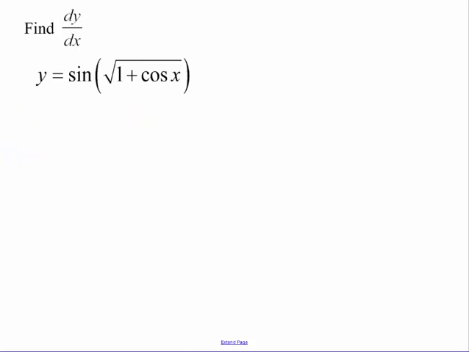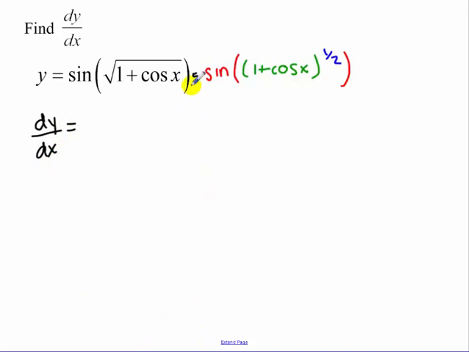Now one that's a little bit more complicated. So we have here the sine of 1 plus cosine of x to the 1/2 power. When I'm finding dy dx, or y prime, I think about it as layers of the onion.